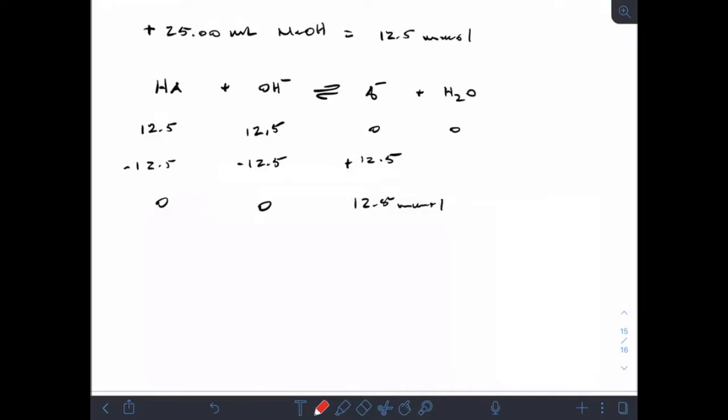So now, we're actually at a very similar place to where we were at the very beginning of this demonstration. So remember, the first thing that we did was we figured out what was the pH of a solution of weak acid by itself.